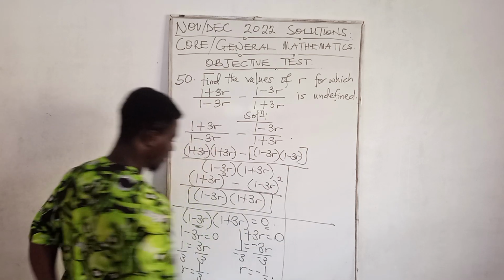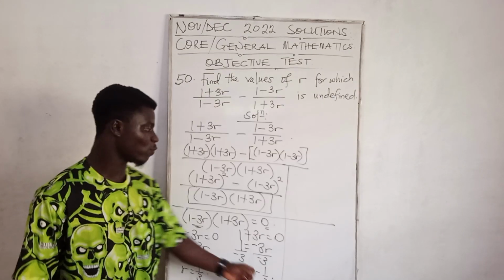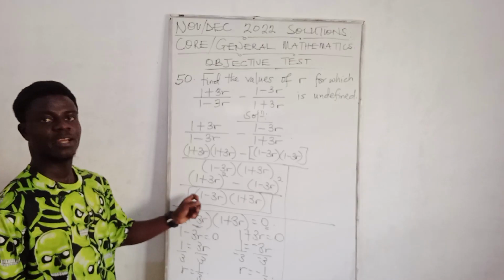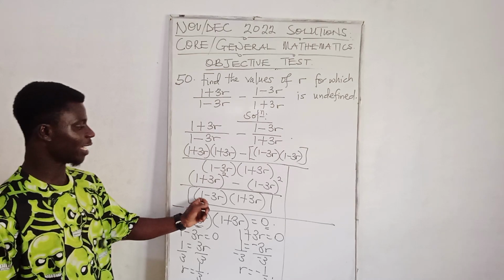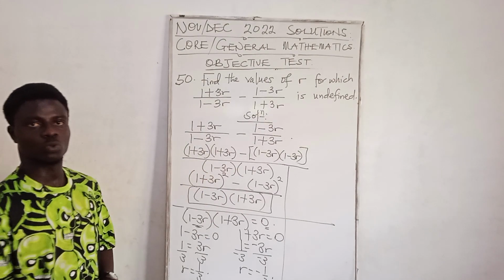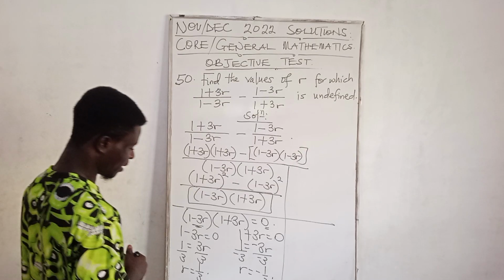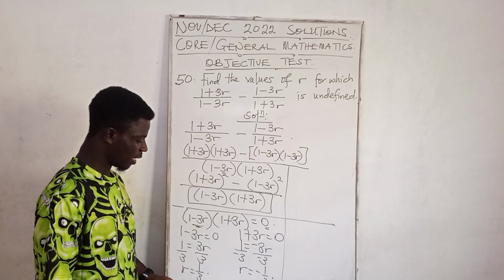So it means that immediately we put these values, 1/3 and negative 1/3, inside the expression here at the denominator, the whole of this fraction will be undefined, which means does not exist.